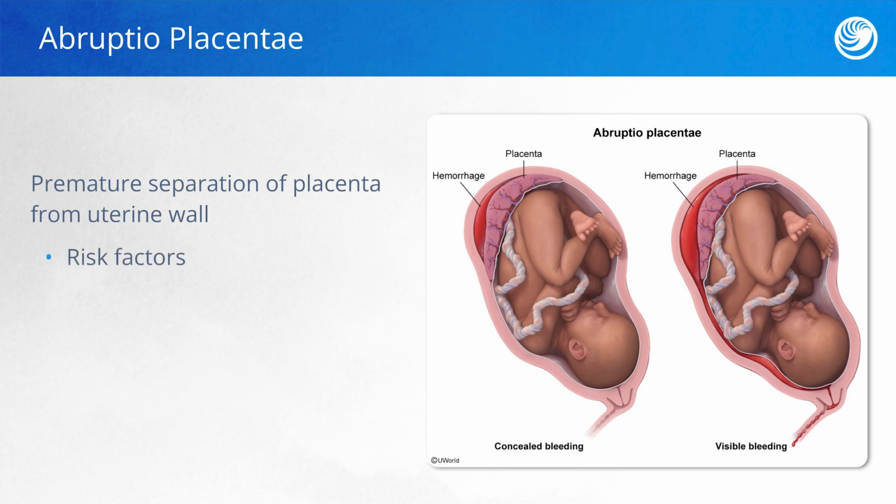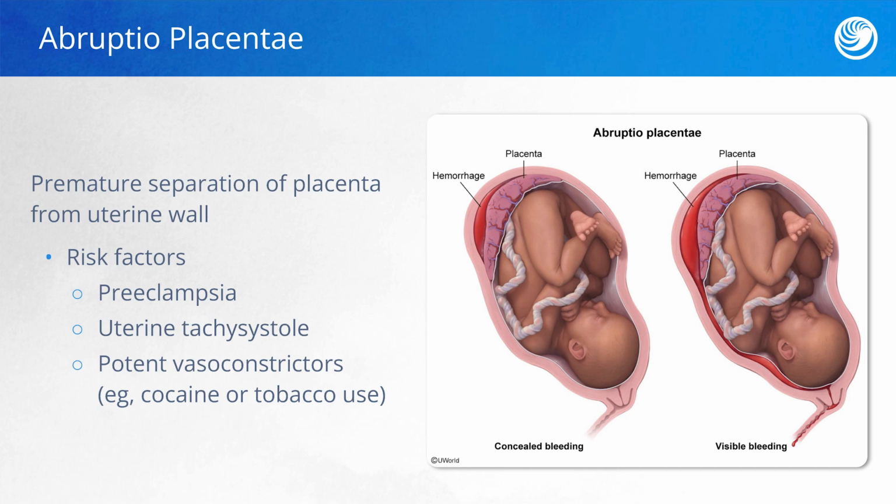Risk factors include preeclampsia, uterine tachysystole. Remember, that is more than 5 contractions in 10 minutes. Potent vasoconstrictors like cocaine or tobacco use because of their effect on the mother's vessels where the placenta is attached to the uterine wall.